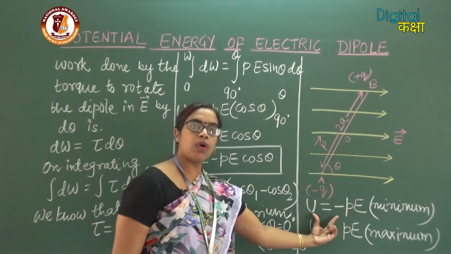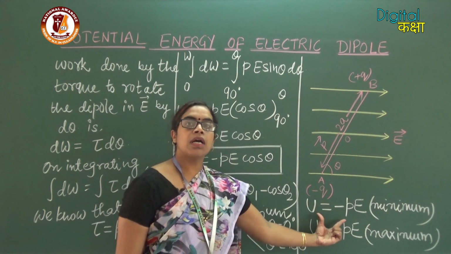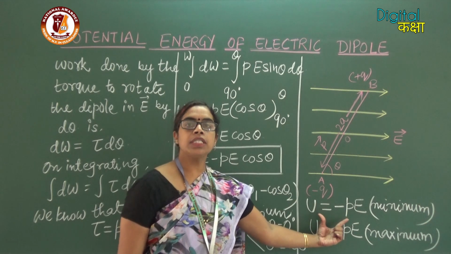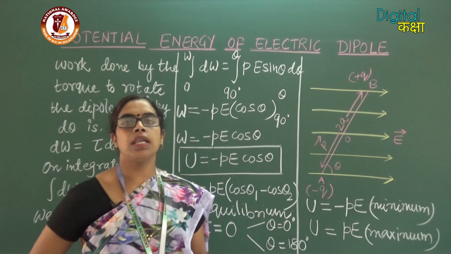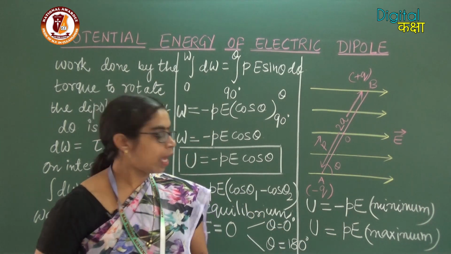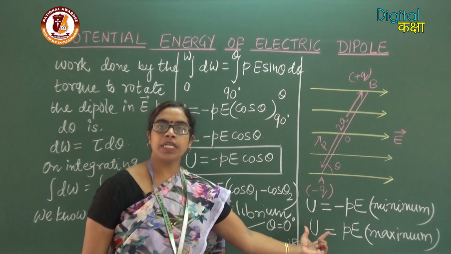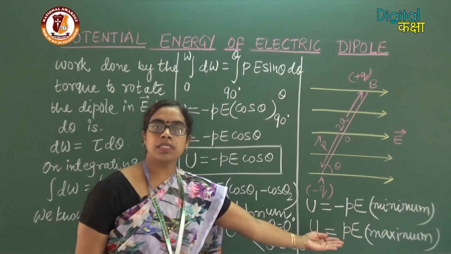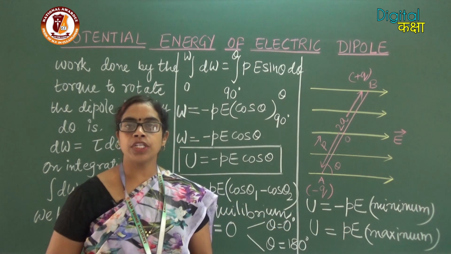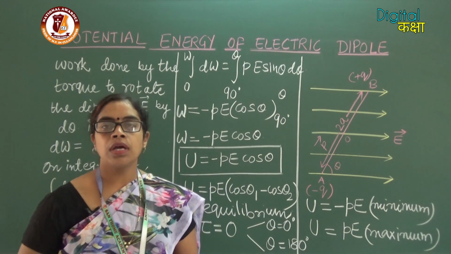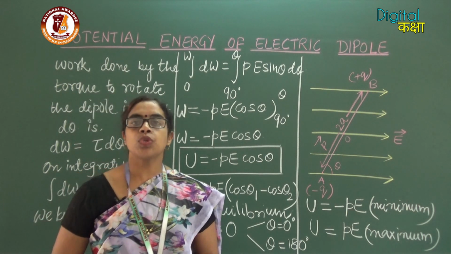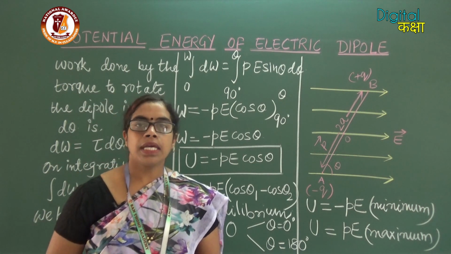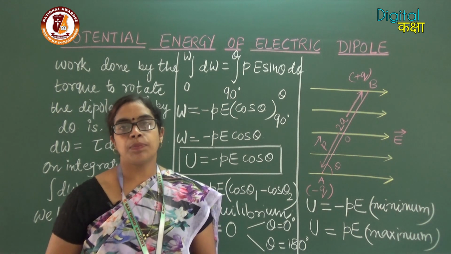So this value corresponds to the condition of the stable equilibrium, and the value of the potential energy when it is PE, which is the maximum possible value of the potential energy of the dipole, corresponds to the unstable equilibrium of the dipole.